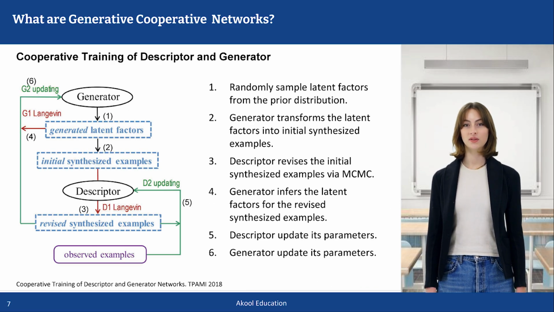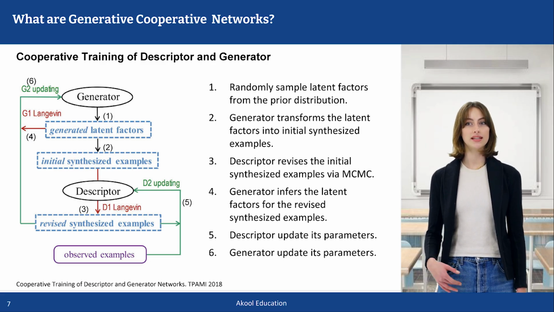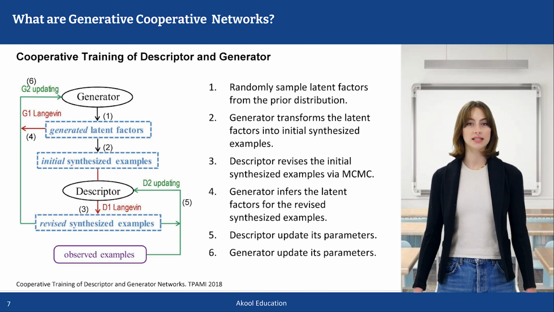Now let's talk about the cooperative learning algorithm and see how a descriptor and a generator cooperate with each other to synthesize better examples. The diagram on your left-hand side illustrates the basic idea of the cooperative learning. Each iteration of the cooperative learning algorithm consists of the following steps.